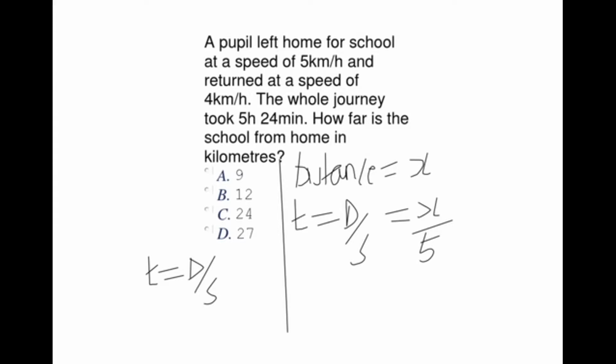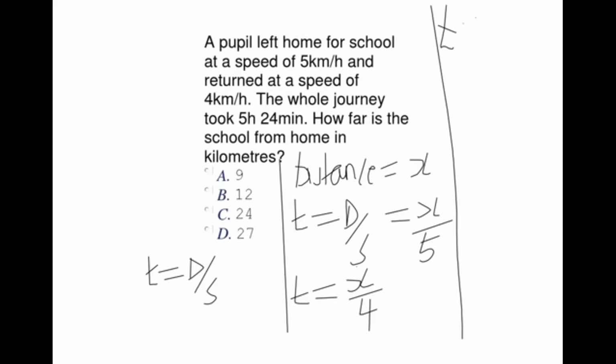Then time taken from school to home will be given by distance over speed again, and our distance is x, speed was 4 kilometers per hour. We are told the whole journey took 5 hours 24 minutes. So we have time taken for the whole journey equals 5 hours and 24 minutes.